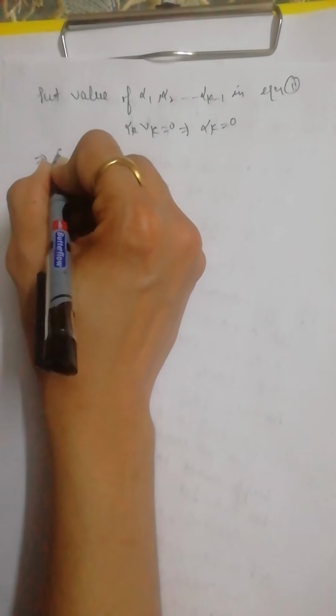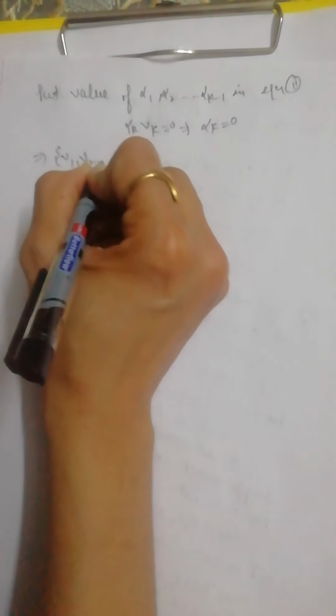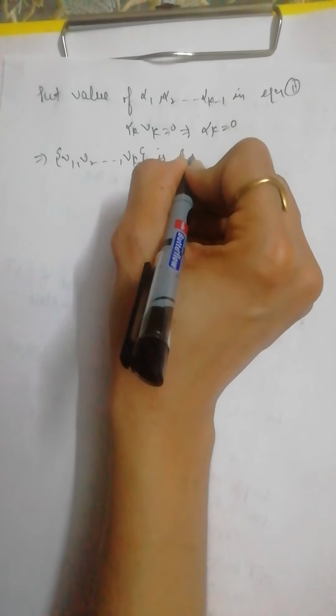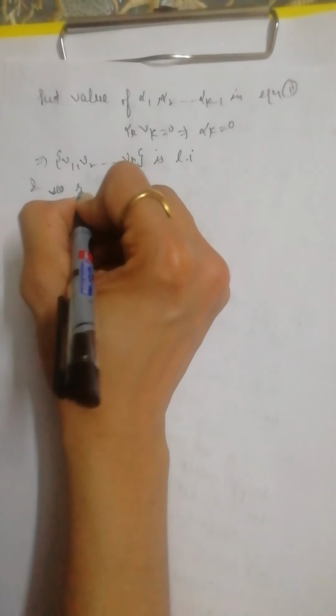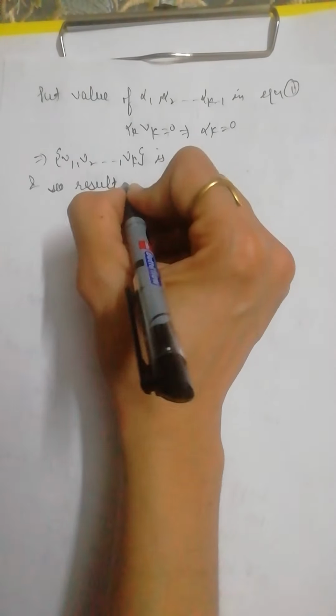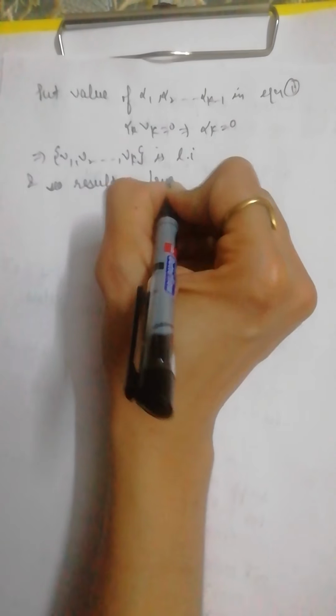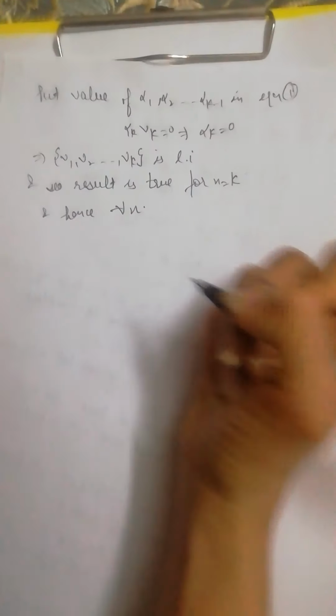That means v1, v2, up to vk are linearly independent, and so the result is true for n is equal to k and hence for all n. This completes the proof of the theorem.